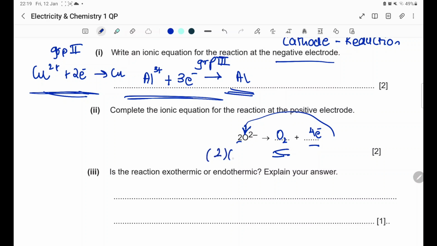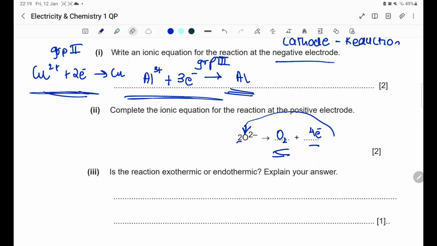This is not the proper logic. I'm telling you that right now. This is simply for you to remember. It's basically a way for you to remember the equation, an easier way if memorization is too hard. So you are losing electrons. Your stable form is going to give away electrons. It's going to form the ion. You can see it's 2O2-, so there are 4 electrons that are being lost.